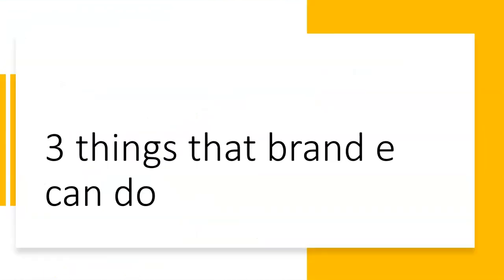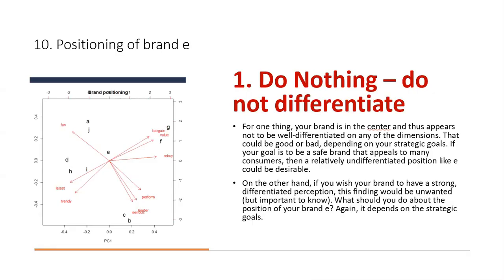So there are three things that brand E can do. First, do nothing, that is, do not differentiate. Your brand is in the center and it appears that it's not well differentiated on any of the dimensions. That could be a good thing or a bad thing depending on your strategic goals.